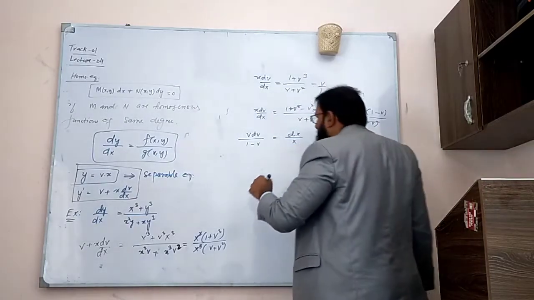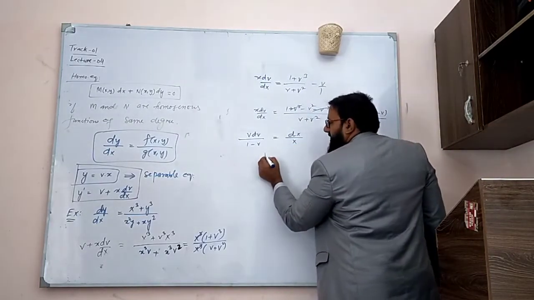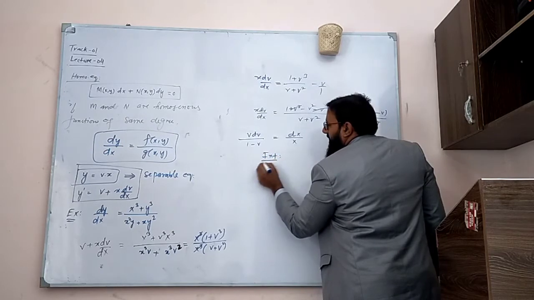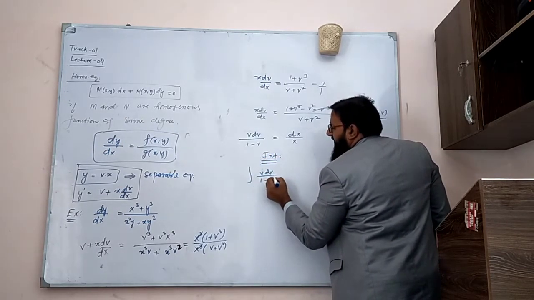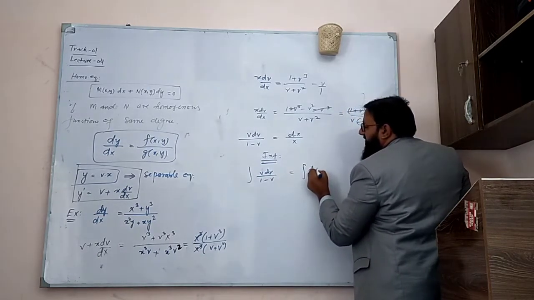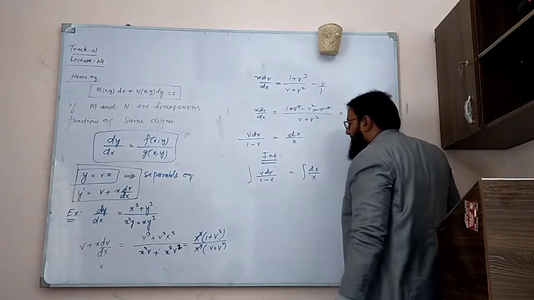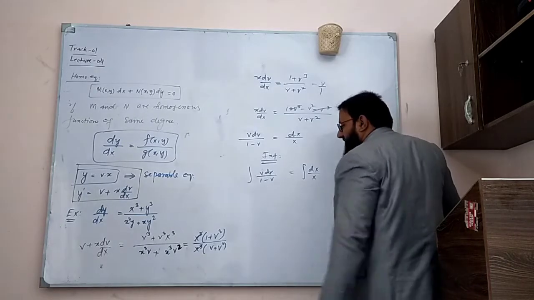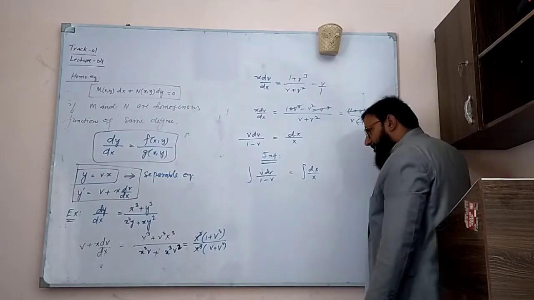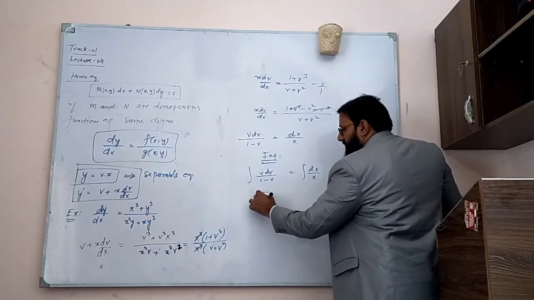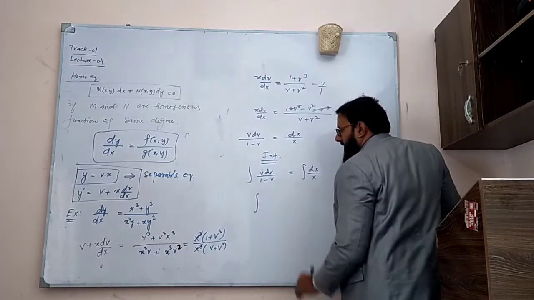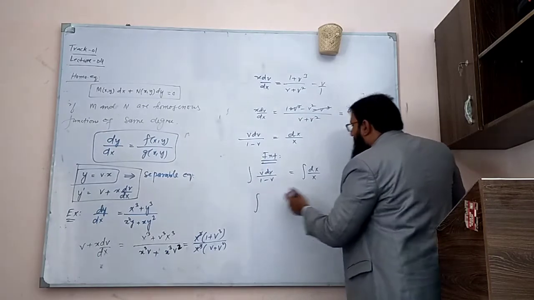And integration gives what? Integral v dv over 1 minus v equals integral dx over x. How about this? We can divide v by 1 minus v.